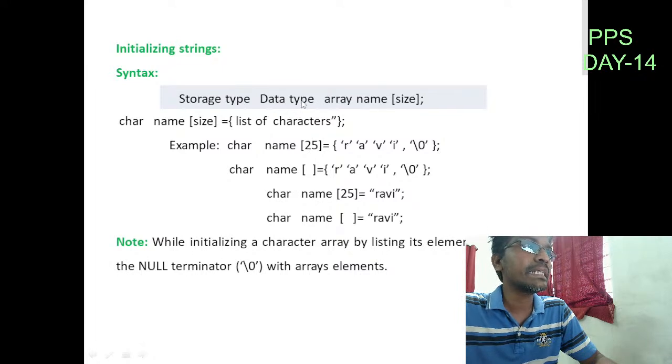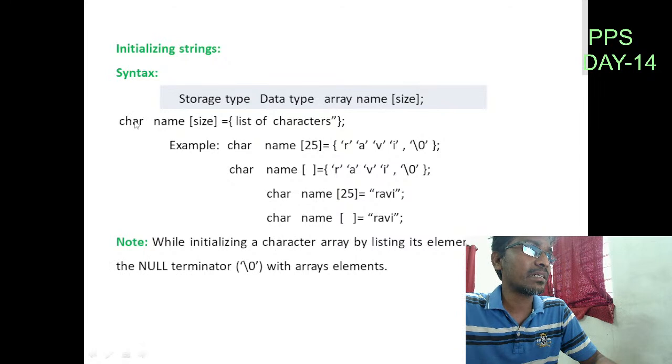If it is an integer data type, it will accept elements like 1, 2, 3, 4 and so on. If it is a character data type, it will accept letters. That is the only difference here. Here I am going to write the initialization of characters.